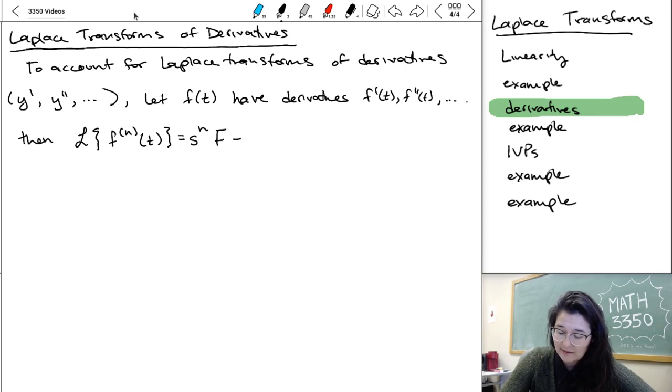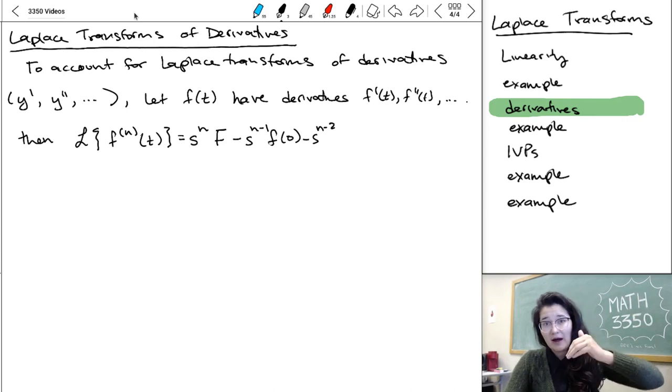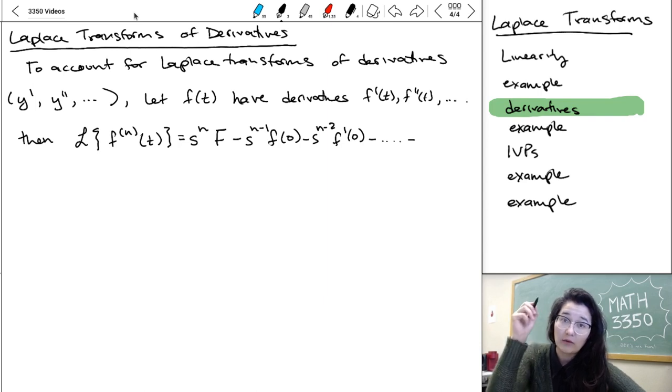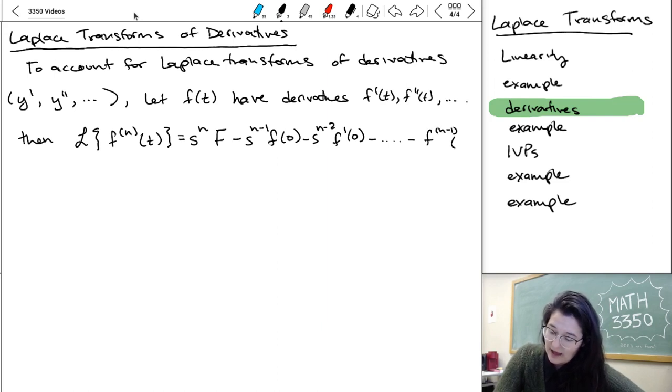Then I'm going to subtract s to the power n minus 1 and multiply by little f, evaluated at 0. And I'm going to follow this pattern. I'm going to keep decreasing my powers of s and increasing my derivatives of little f until I run out of s's. So I do s to the power 1, then s to the power 0, and when I'm at that point, I've used up to the n minus 1th derivative of f evaluated at 0.